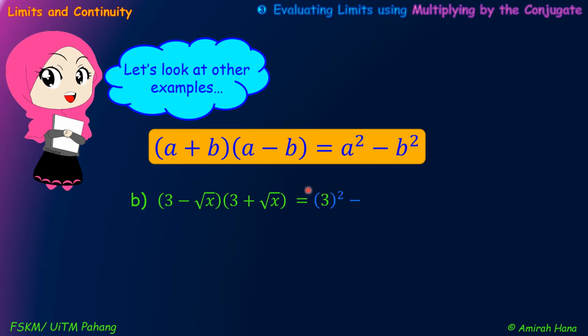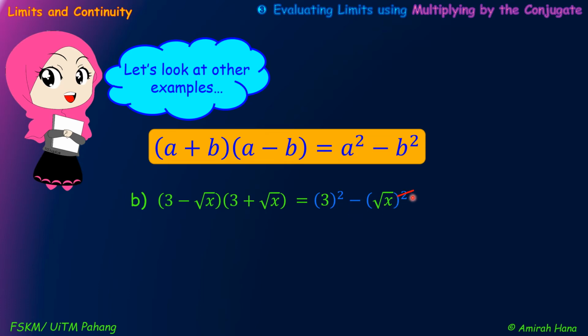Using this formula, our A equals 3 and B equals square root of x. So we can write 3 squared, and in between minus, and then square root of x squared, B squared. Remember, in between must be minus, and then we have squares here.